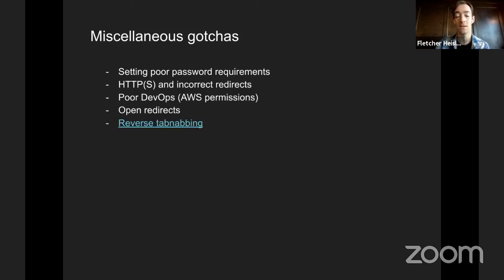Reverse tab nabbing, related and a whole lot less frequently talked about. It's not super common, but if you are including links out to external sources, the most common way to do that is to have target equals blank, and you send someone out to a new tab when they click on that and go to a resource.